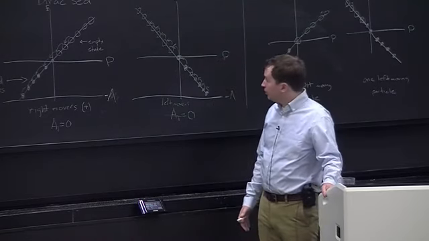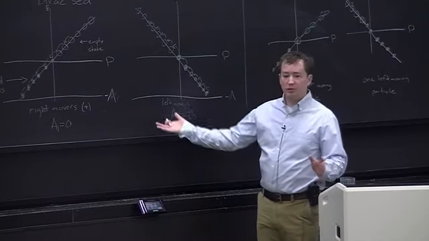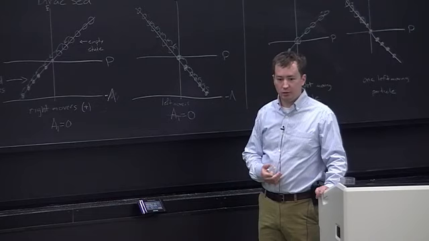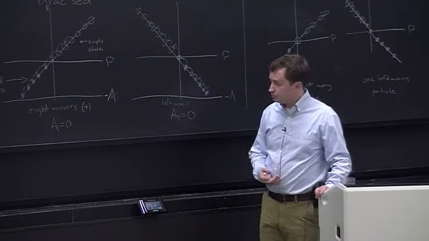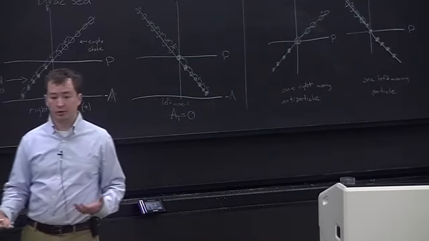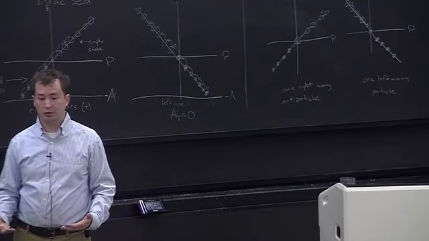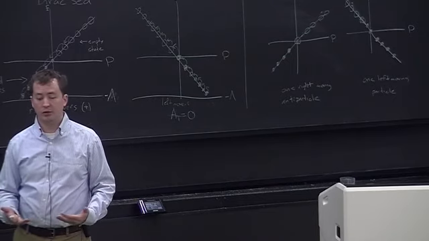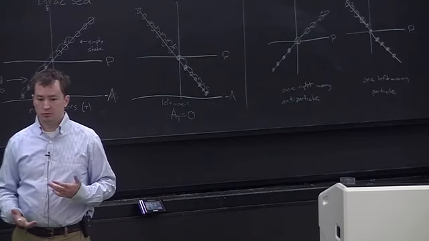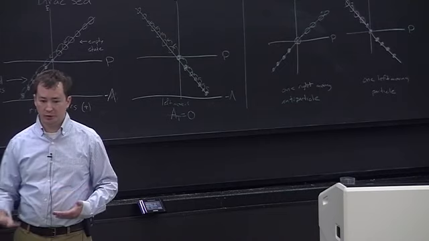So in this case, it seems like we can make sense of the theory without introducing a regulator, but for instance, in our path integral derivation of the anomaly, we won't be able to make any progress without introducing a regulator. We'll have ambiguous quantities, 0 times infinity, that we can't make sense of.